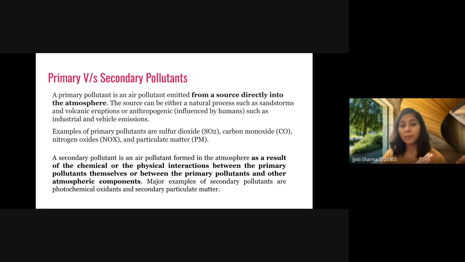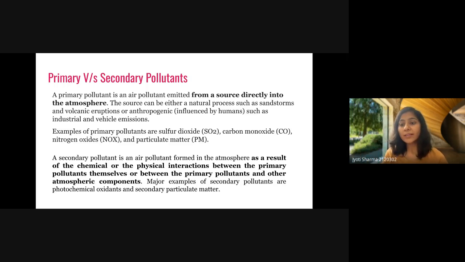Any pollutant emitted from a source, the source may be a vehicle, how the gases are released into the atmosphere, comes under primary pollutant. Second, if we are talking about industries, like a nuclear power plant, let's say, whatever pollutant is released into the atmosphere comes under the primary pollutant.